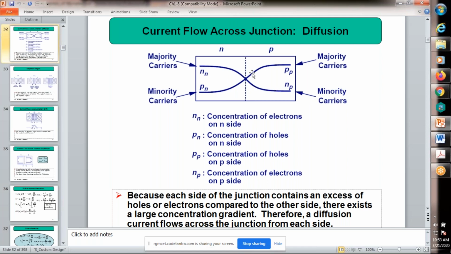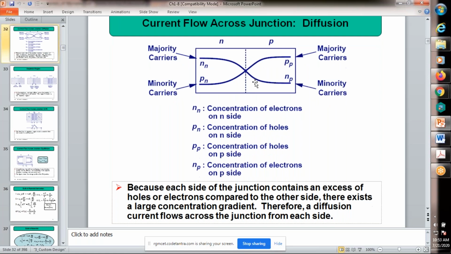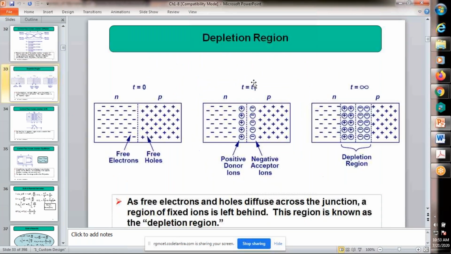Hole diffusion current and electron diffusion current flow. Here electrons recombine with holes, and whenever electrons recombine, positive donor ions are created nearby the junction.